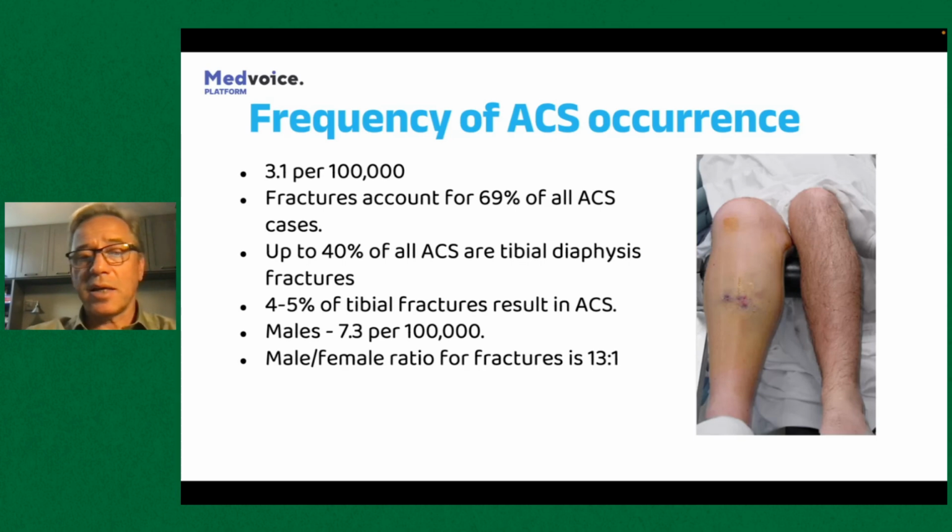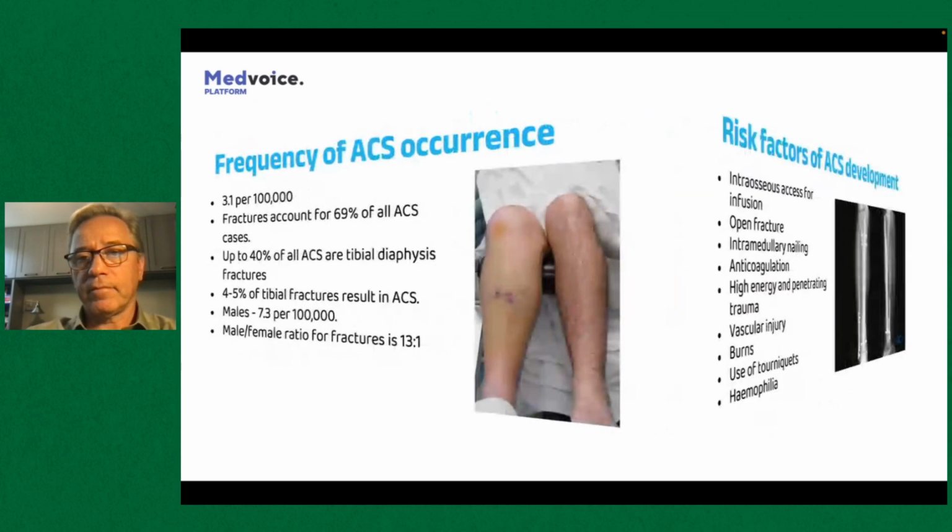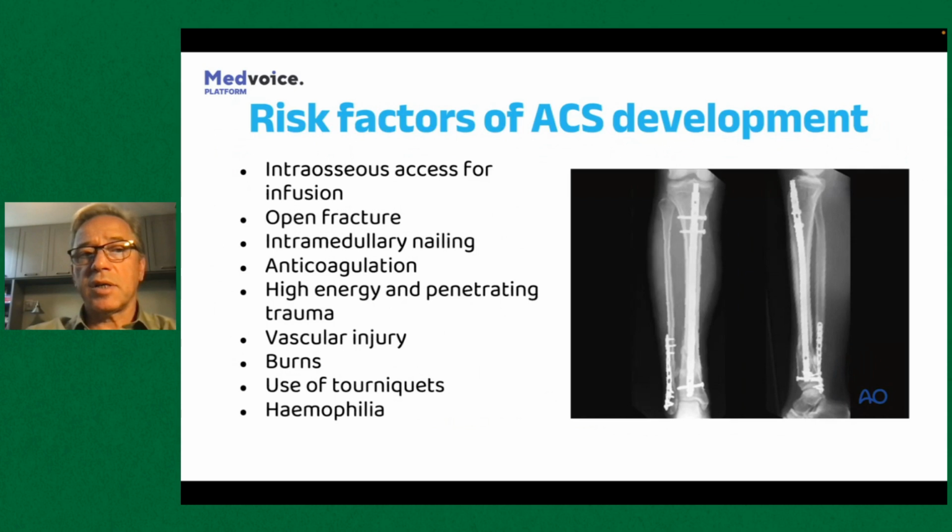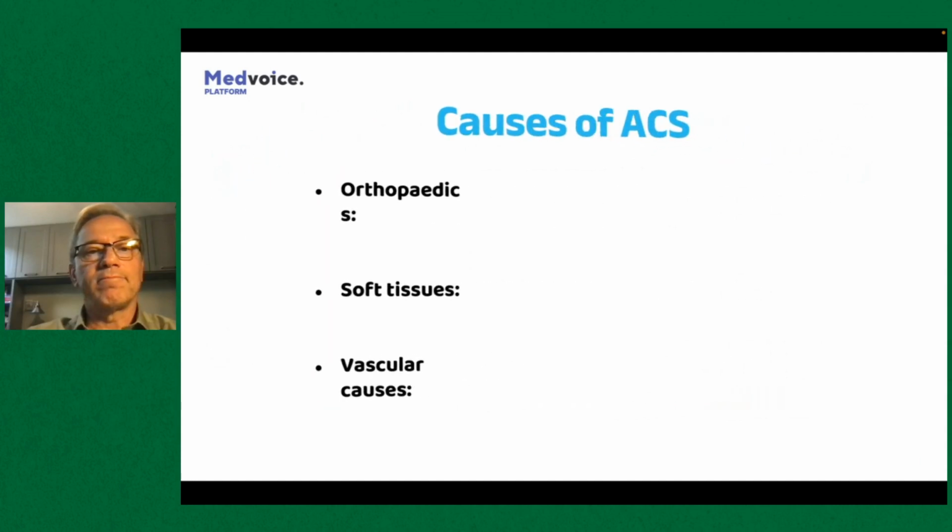Males have a much higher incidence because males have more fractures. Risk factors include intraosseous access for infusion, open fracture, intramedullary nailing, like in this picture, anticoagulation at the same time, high energy penetrating trauma, vascular injury, burns, use of tourniquet, hemophilia.